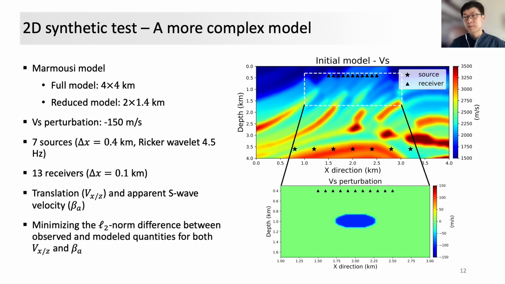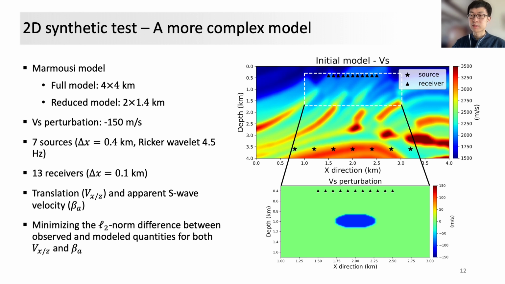In the third example, we simply want to test the same idea with more complex background models. We still use the same acquisition geometry, but a modified Marmousi model as our background model. We add the same shape and the same amount of S-wave anomaly within the area of interest to mimic potential time-lapse perturbations.